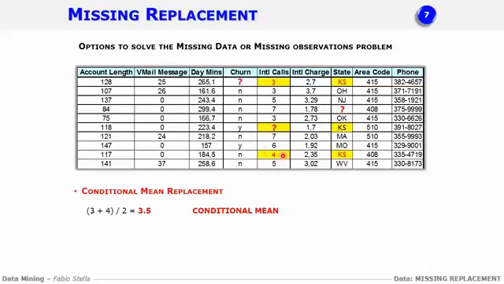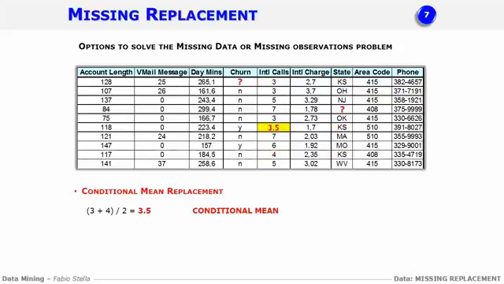And we simply use the values associated with the attribute int calls to compute a mean that in our case will be called the conditional mean, because it is the mean conditional on the value KS for the attribute state.